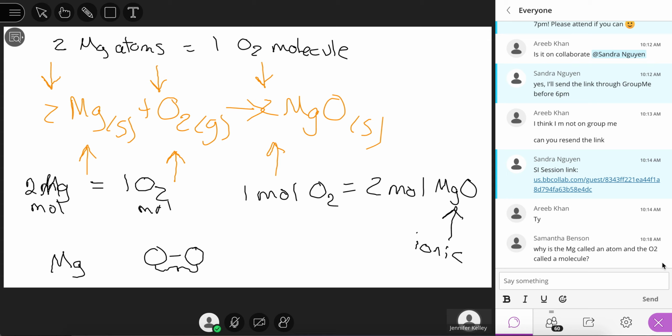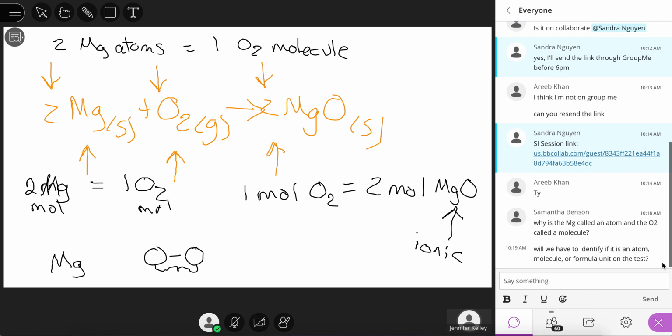All right, so let's do an example. Let's see. You should be able to know whether or not it's an atom, molecule, or formula unit. That's not going to be my main thing for you guys to focus on. It is a good thing to know.